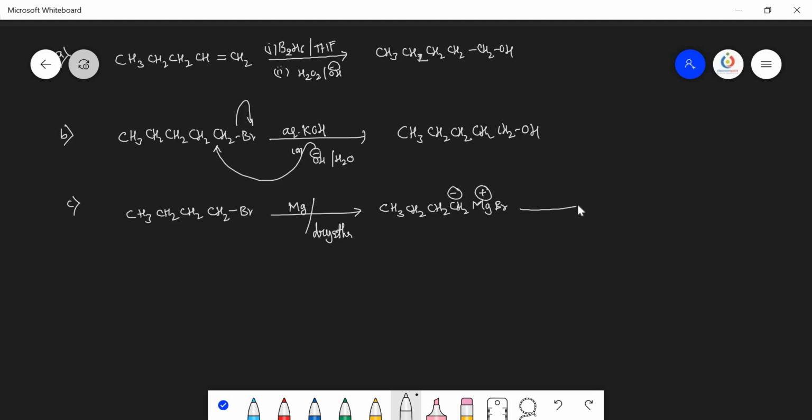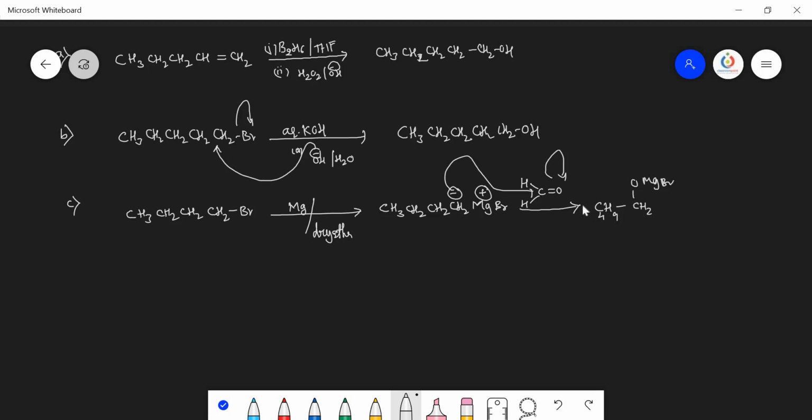Now we have to make a primary alcohol. The Grignard reagent gives a primary alcohol only with formaldehyde. So it attacks over here, shifts over there. So we get, I'll write this one as C4H9, now CH2OMgBr, here two hydrogen atoms already present.